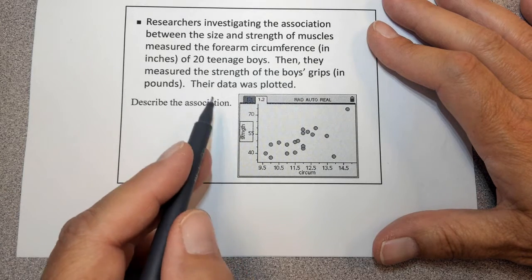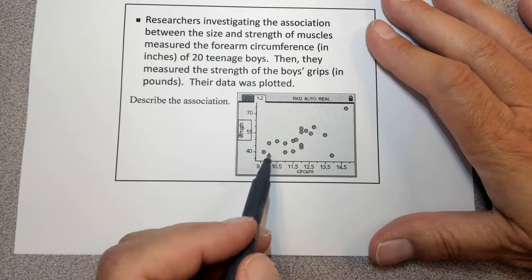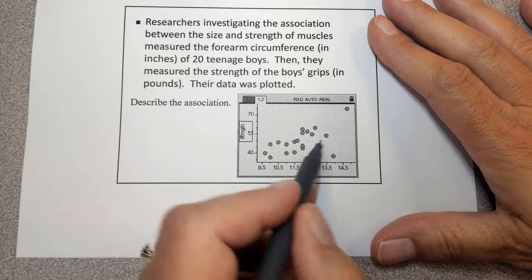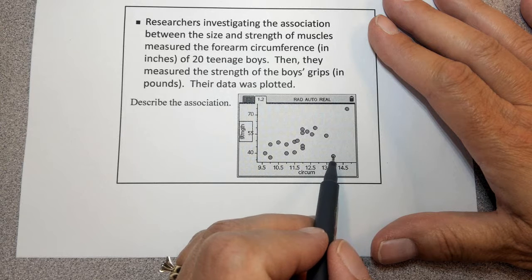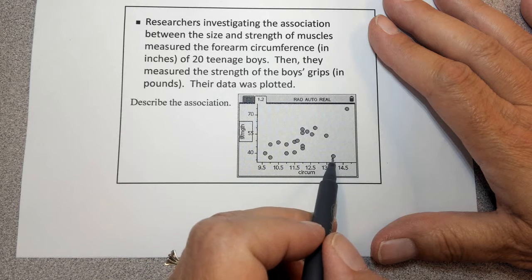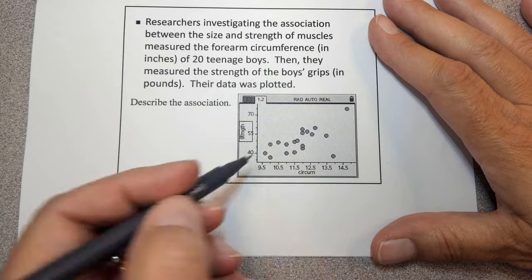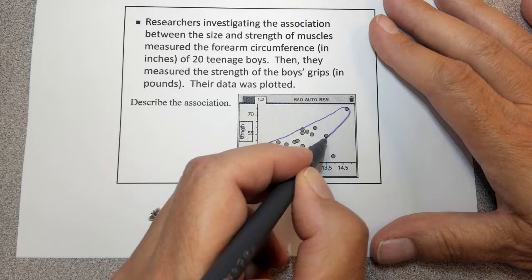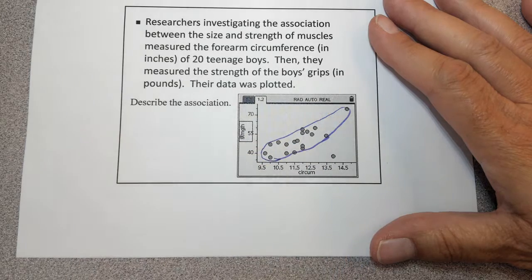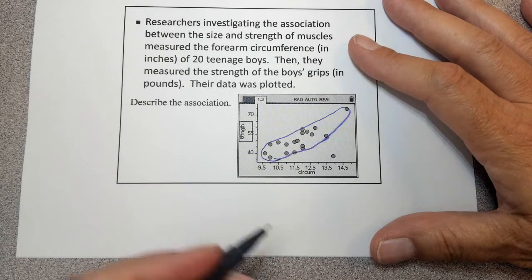Describe the association. Okay. It seems like, with the exception of this fellow right down here, who seems to not be following the same pattern as everybody else, we have a big arm, not a lot of grip strength. With the exception of that one, the rest of these all seem to fall along a pretty predictable pattern.